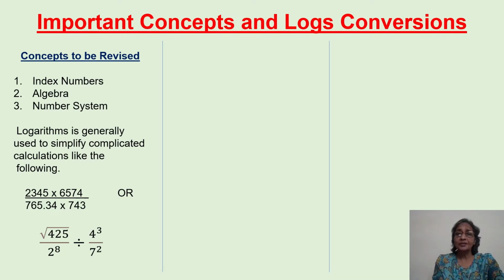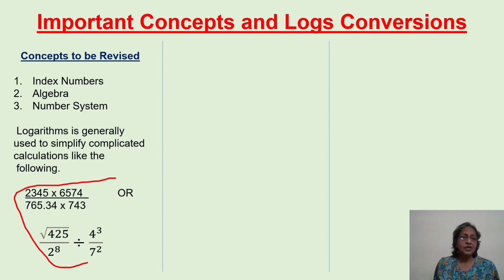Now, logarithms is generally used to simplify complicated problems, like the two examples that I have given you here. Now, these are complicated numbers. So, what do we do with this? Difficult to solve them.